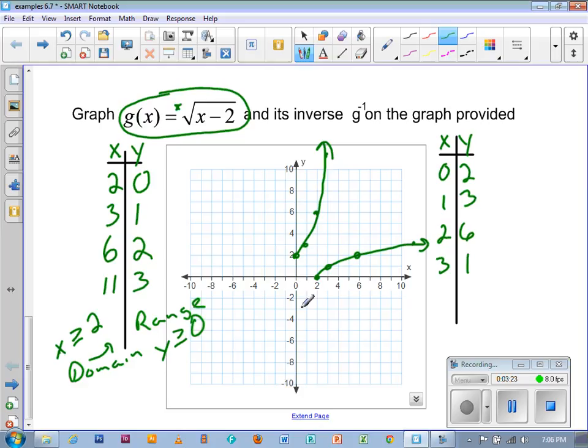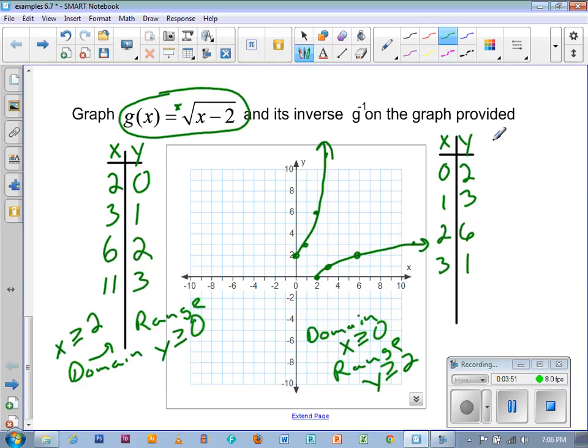It's only half because our domain and range also change. They will flip around just like the x and y. So the domain is going to be x is greater than or equal to 0, and our range is going to be y is greater than or equal to 2. It's just a reversal of this. So there's your graph of the inverse of the square root.